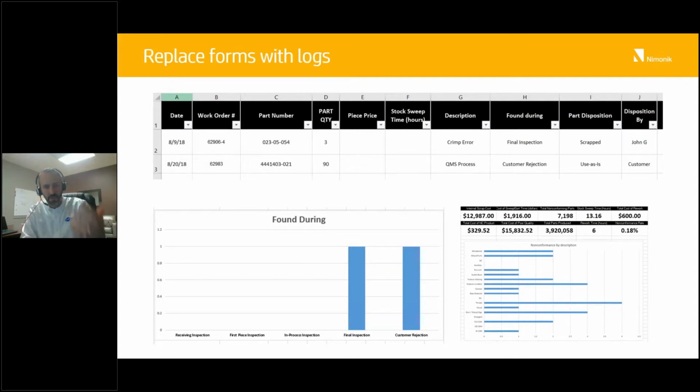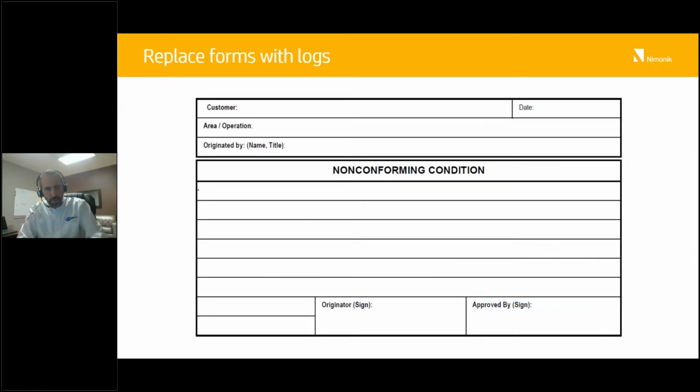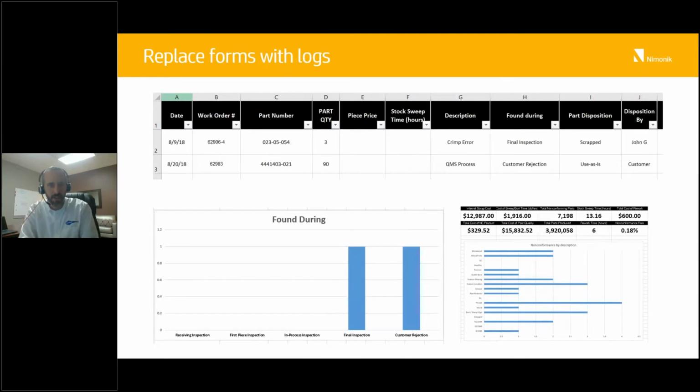We can produce Paretos, bar charts, and get all this valuable information based upon the input rather than having to filter through 60 or 70 different individual forms. So if you have a system with a lot of forms, you can convert those into logs, and that will take a lot of the stress out of your quality management system as well.